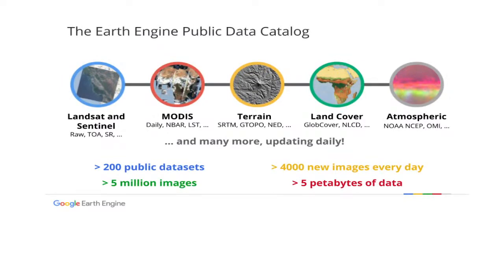So first of all, the Earth Engine public data catalog. In this Earth Engine public data catalog you can find a lot of publicly available data sets that we can easily access, such as Landsat, Sentinel, MODIS, different types of terrain data sets, land cover data sets, and different types of atmospheric data sets. These data sets are updated daily.